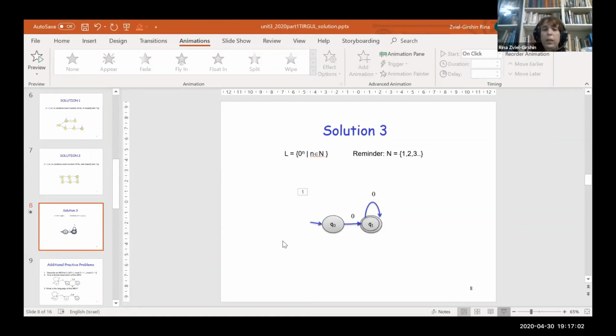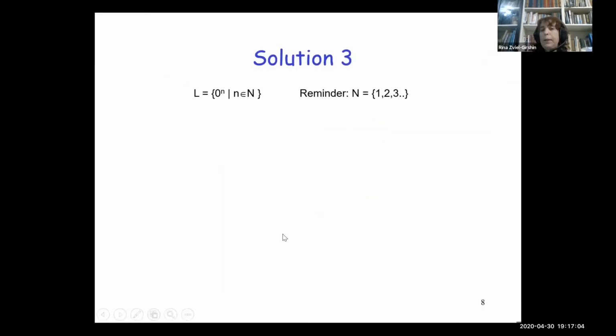According to the definitions that we use, N is a set that starts with 1, so I need to build an automaton with two states. I'm interested only in zeros, not in ones. We have 1 in our alphabet, but I just don't use it. Q0 is not an accepting state because we don't want to accept an empty word.